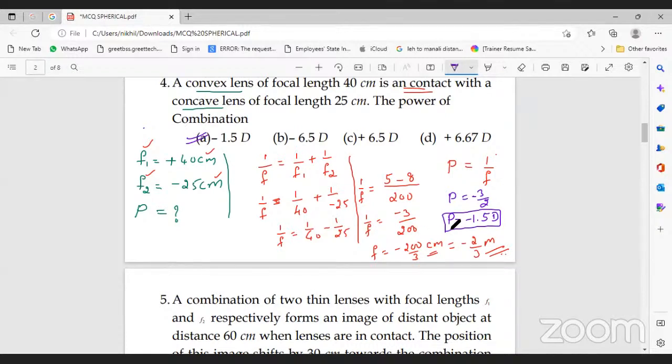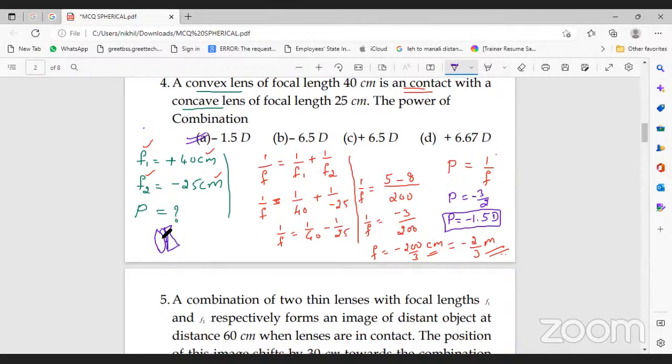Can you tell me the meaning of this minus sign here? So the lens will be a concave lens, a diverging lens. So I am going to club the two lenses here. One is convex, the other one is concave.